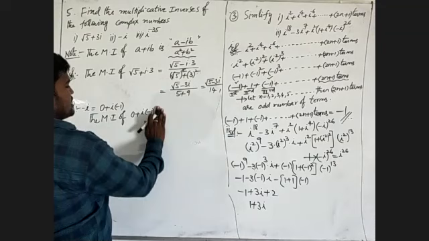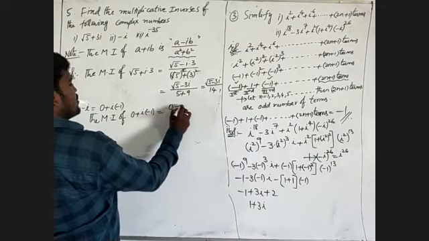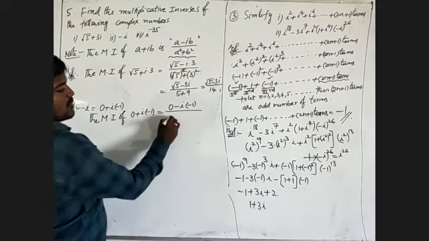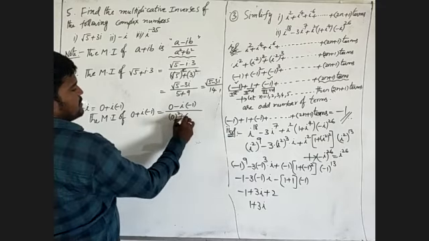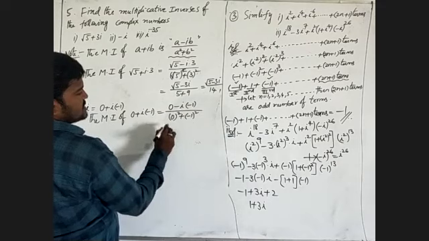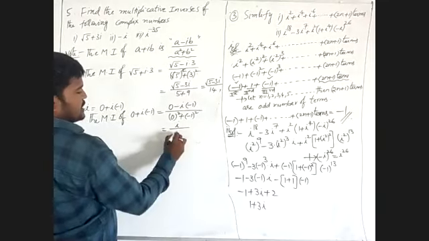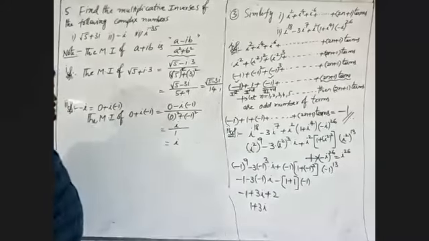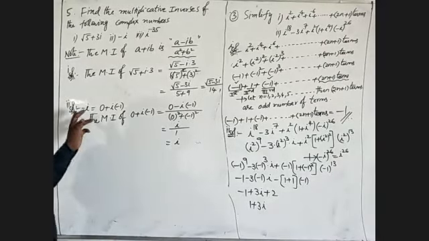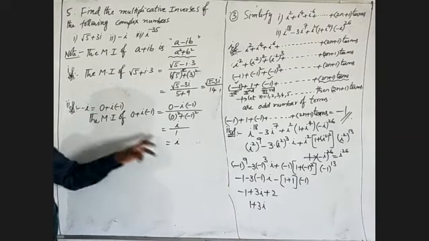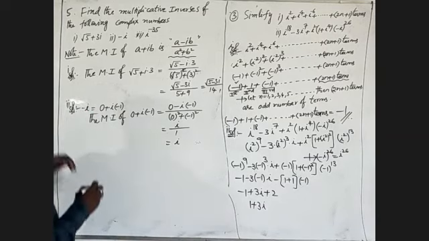That means 0 minus i into minus 1 by, where a is 0 square, b is minus 1 whole square. Minus into minus will become plus. That means i by 1, which is equal to i. This is the multiplicative inverse of minus i. The multiplicative inverse of minus i is i.